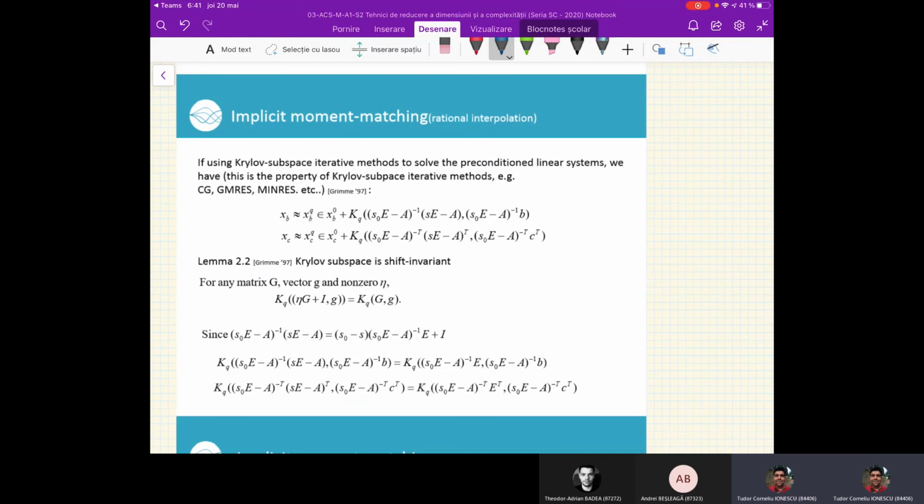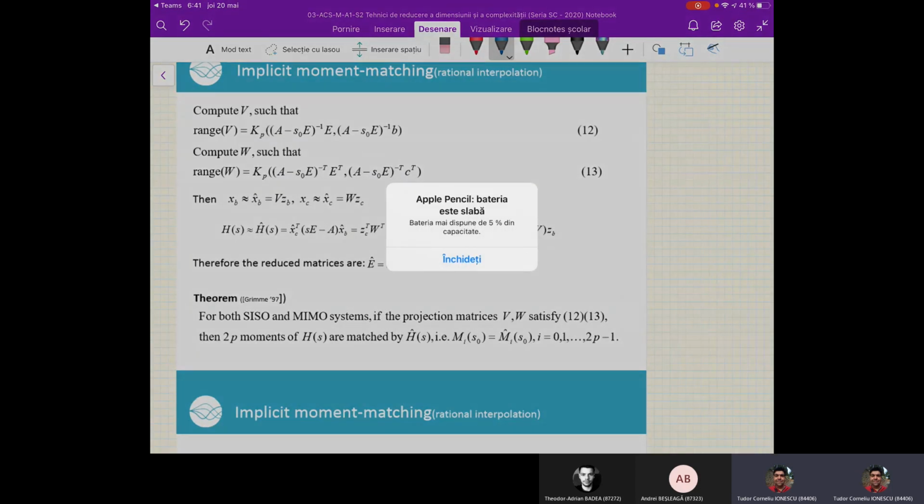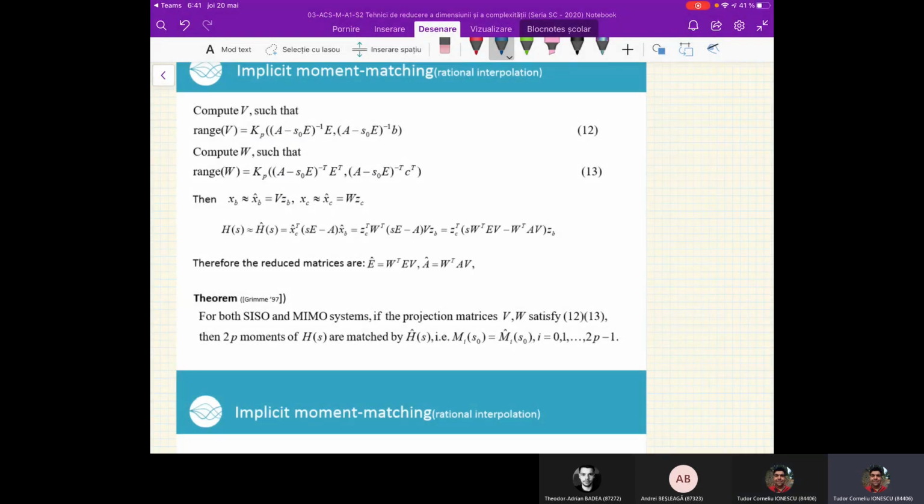And here, step by step, it shows you how to get your Krylov projections. For instance, you need to get a V such that this relation 12 occurs. Relation 12 is based on the columns of the controllability matrix. The same goes for W, to get the columns or the rows of the observability matrix.